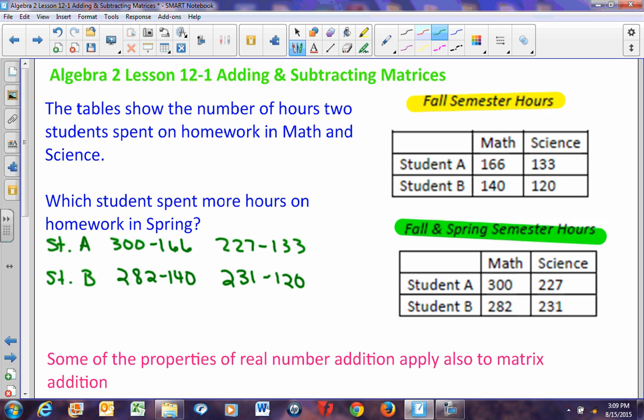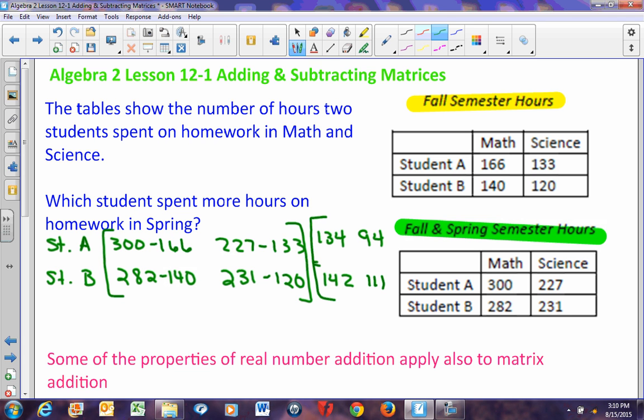So when you work this little matrix out right here, if I take 300 minus 166, I'll get 134. If I take 227 and subtract 133, I'll get 94. If I subtract 140 from 282, I get 142. And if I take 231 and subtract 120, I get 111.